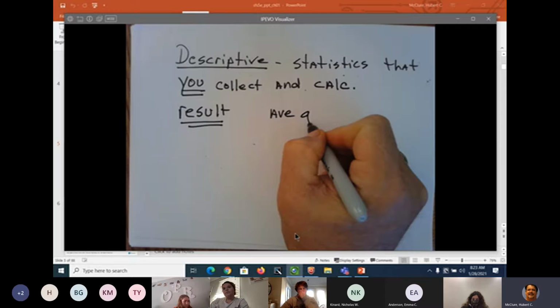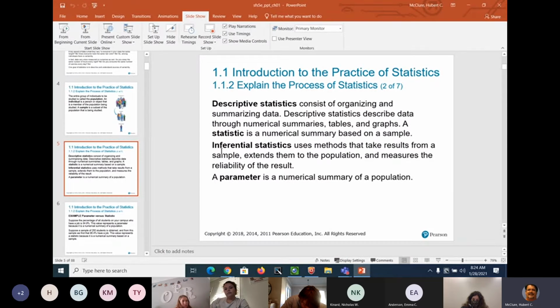Where inferential, and I usually try to put two F's or two R's in it, so I have to make sure. Inferential, infer, E-N-T-I-A-L.